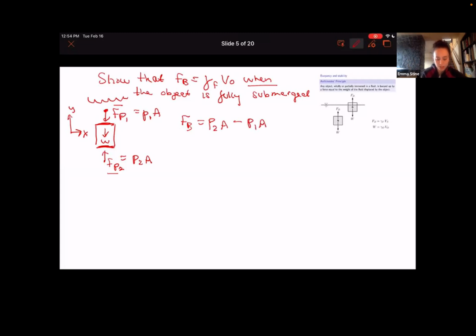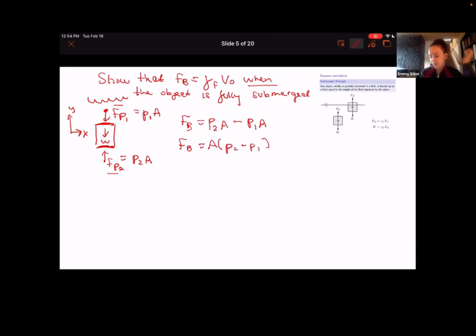So it's force pressure 2 minus force pressure 1, but I just went ahead and changed it into what those force pressures are. And then we can simplify this even more to make force buoyancy equal area times (pressure 2 minus pressure 1).